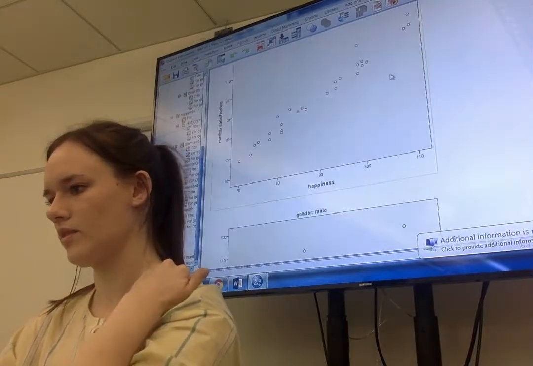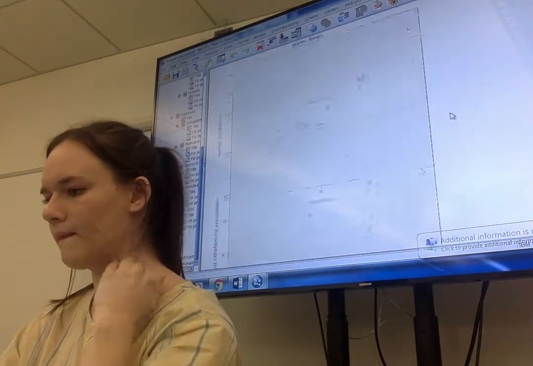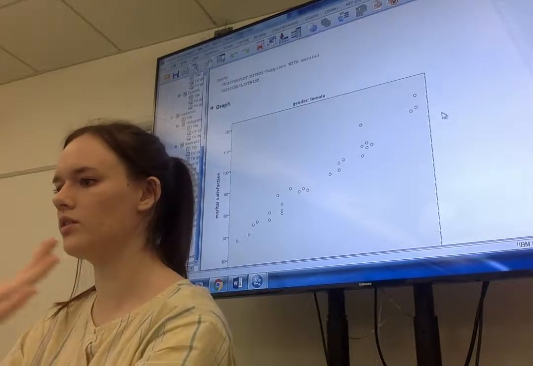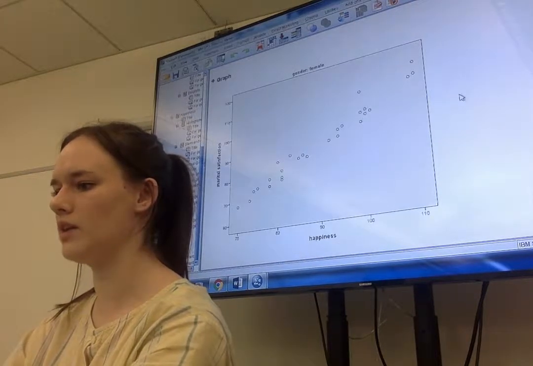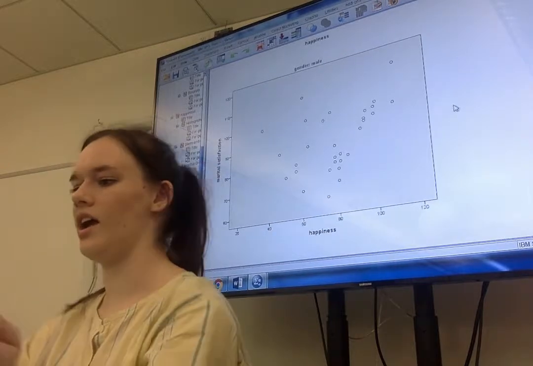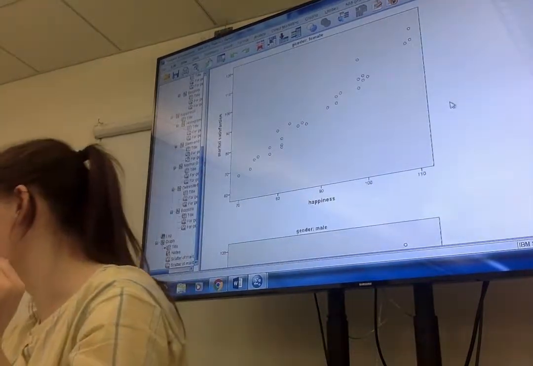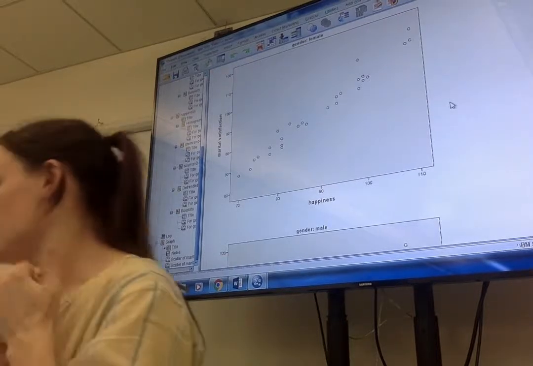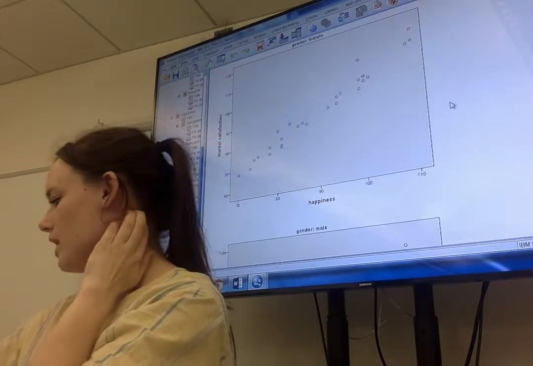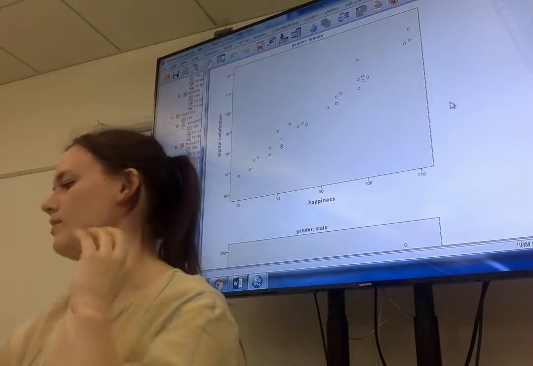Okay. So as you can see, the split file is still on, so it separated out into female and male, and they're very different. Okay, so if we're looking in the packet, it's kind of confusing.